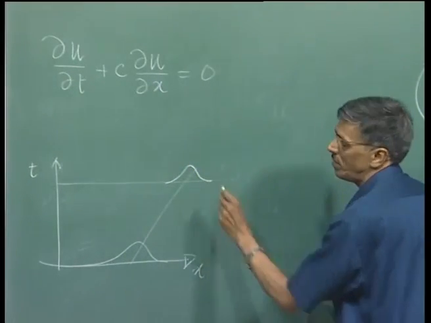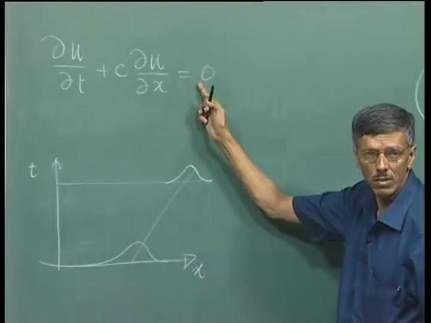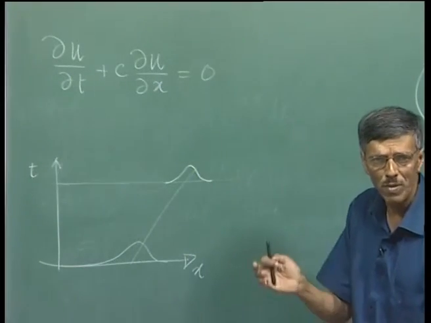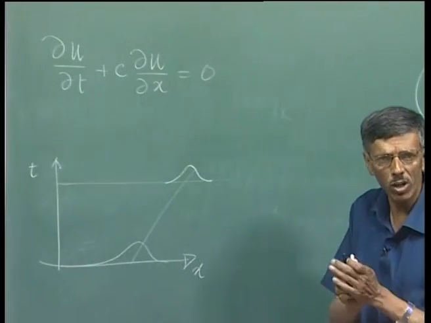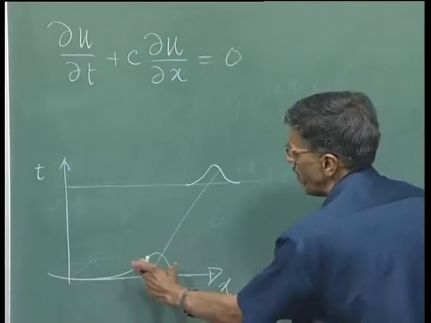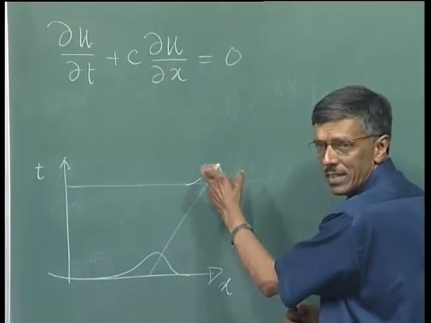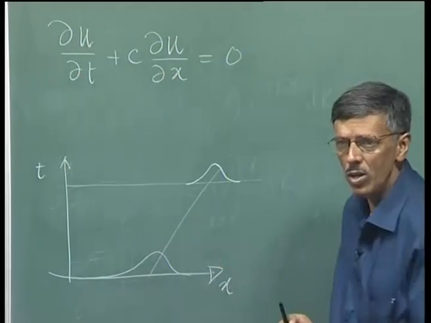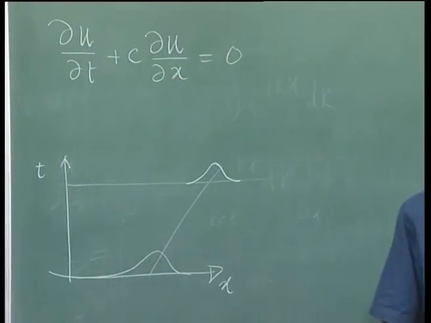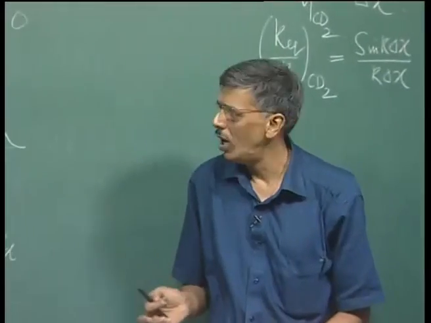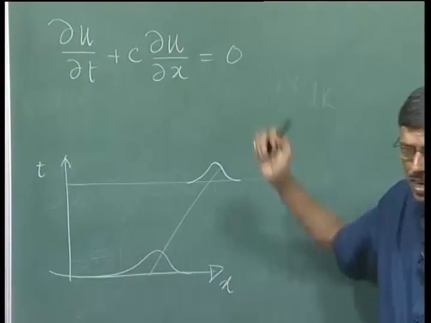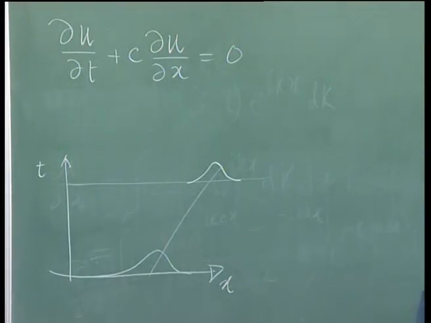This is the property of this equation, that it does not amplify or dissipate, and it also does not disperse. So, if I have a packet like this, the packet is retained as it is. Okay. So, what happens if I try to solve an equation like this using first order upwinding scheme?